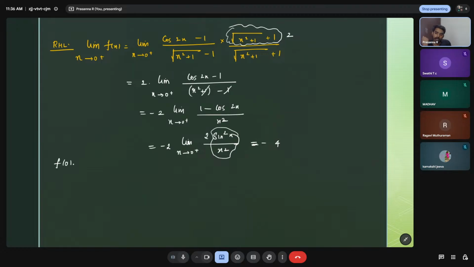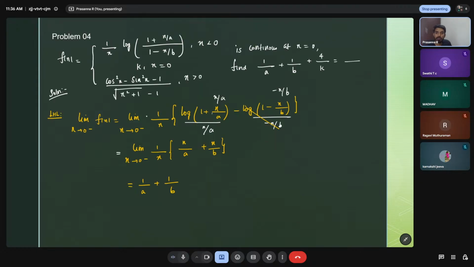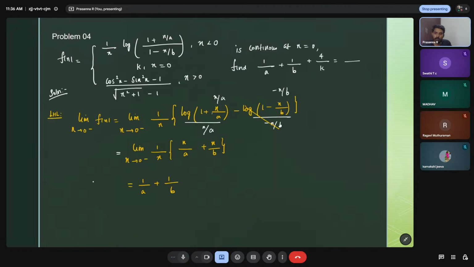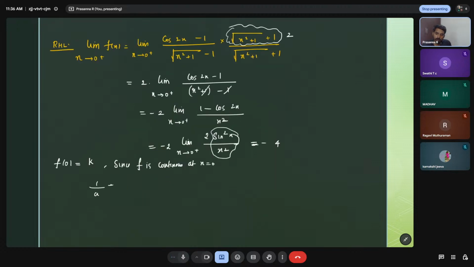Now what is the function value at 0? It is continuous at 0 and the function value at 0 is k. So since f is continuous at x equal to 0, my LHL is 1 by a plus 1 by b, RHL is minus 4 and the function value is k, right?